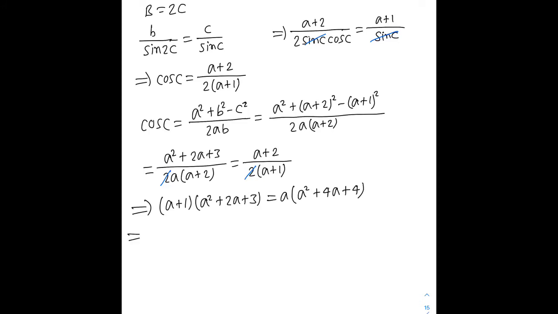After multiplication you will get a cube plus 3a square plus 5a plus 3, and the right hand side would be a cube plus 4a square plus 4a. Then you can cancel a cube, and you will get a square minus a minus 3 equals 0.